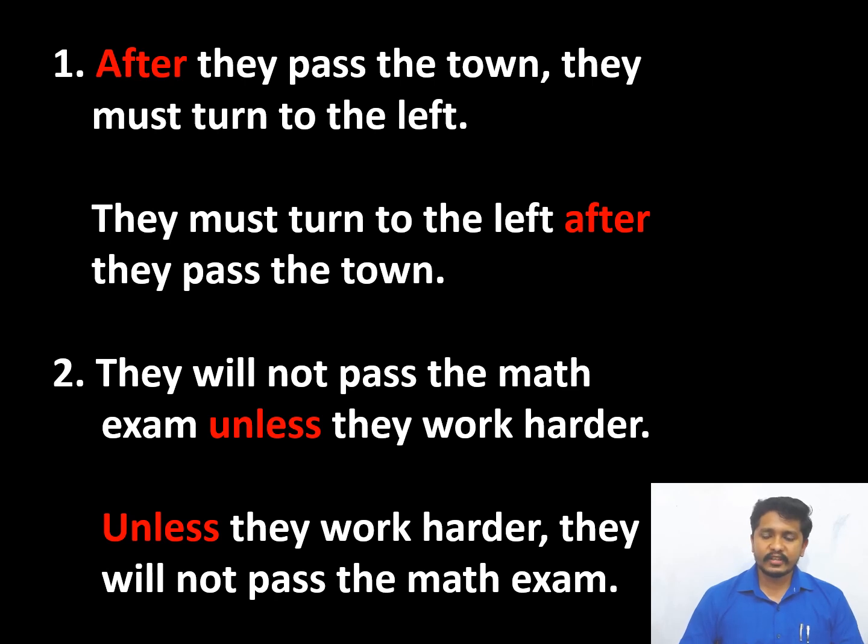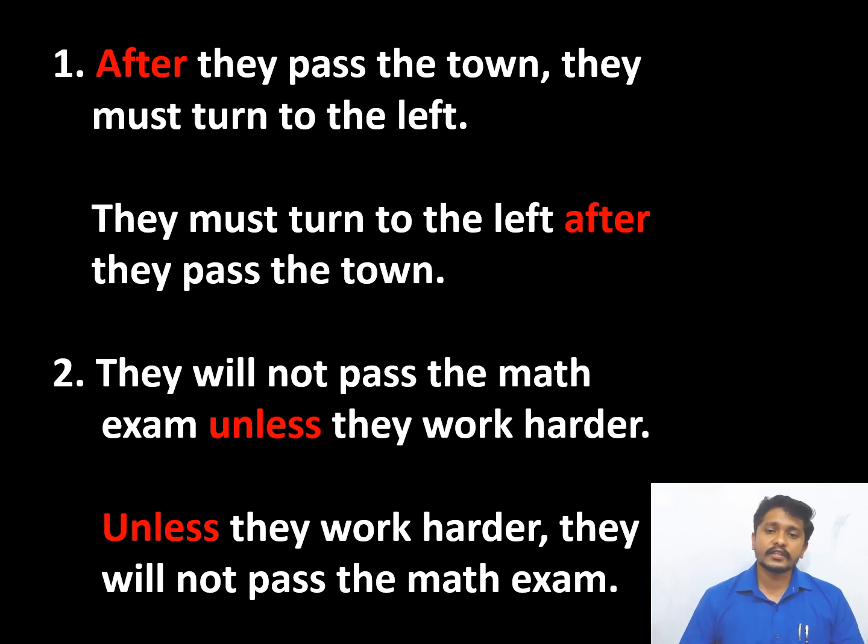So here we have to understand one important rule. We have already studied in the definition that a subordinating conjunction connects an independent clause to a dependent clause. Listen to the sentence, after they pass the town, I put a comma there, they must turn to the left. What is the independent clause? They must turn to the left is the independent clause.